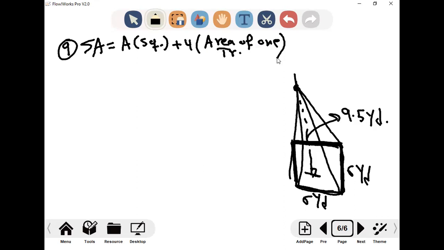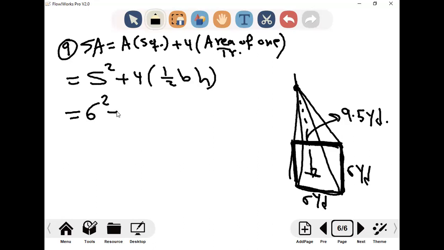Apply. Area of the square, it is S power 2 plus 4 multiply area of one triangle, half base times height. Area, not volume. Area, surface area. Apply. S power 2 means 6 to the power of 2 plus 4 multiply half times the base 6 for any triangle times the height of the triangle, how much?